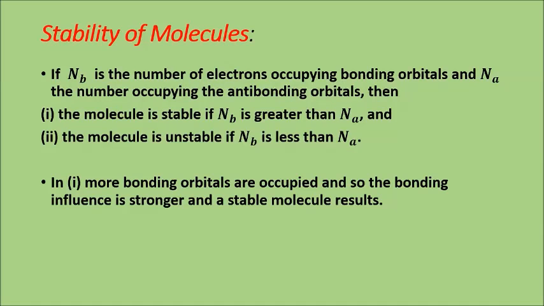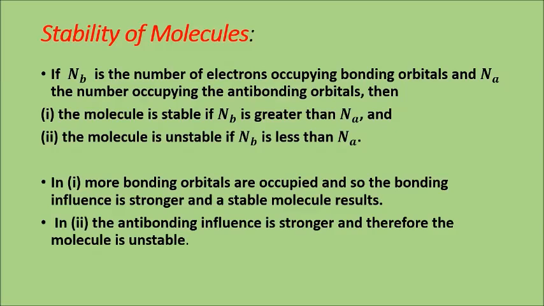In the first case, more electrons are in the bonding molecular orbitals, so the bonding influence is more, and that is why the molecule becomes stable. In the second case, the antibonding influence is stronger, as there the number of electrons is more, and therefore the molecule is unstable. So this is how we can understand whether a molecule is stable or unstable.